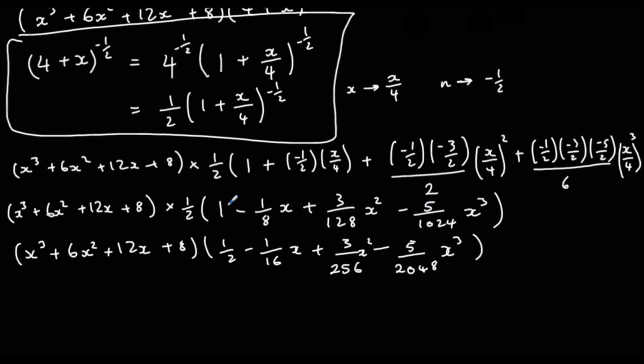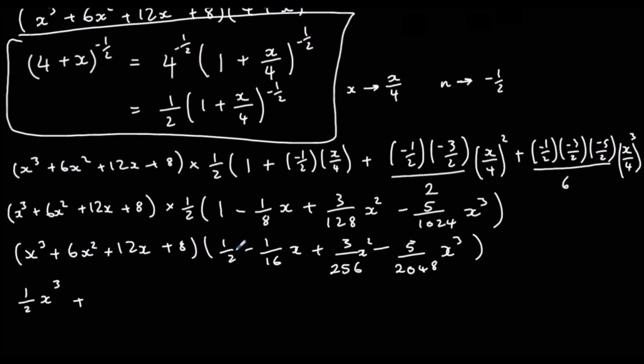And now we need to expand. So expand these two brackets. Multiply our two expansions together. So we want everything up to x cubed. So we're going to have x cubed times a half, which is half x cubed. We don't want x cubed times anything else. That'll be bigger than x cubed. So let's move on to our 6x squared.